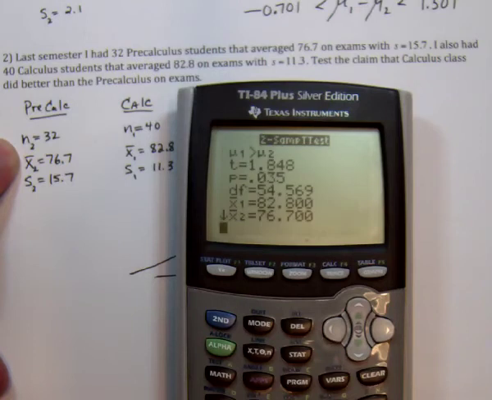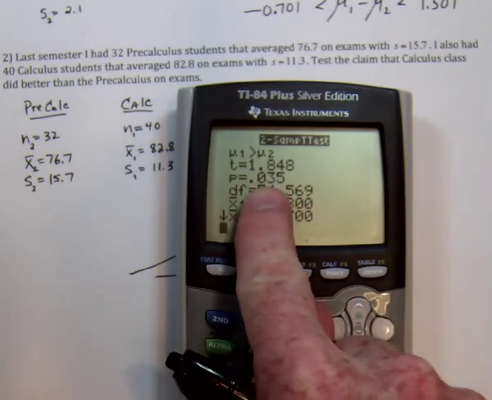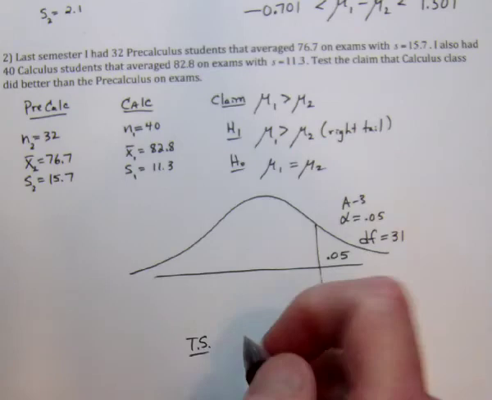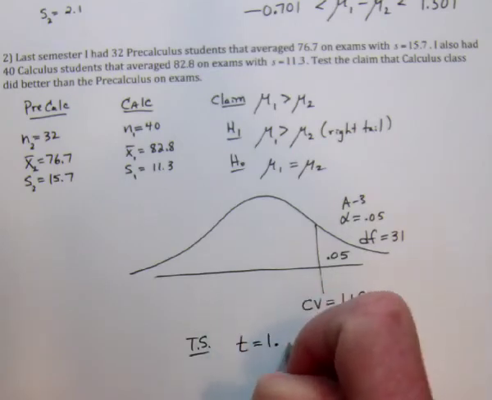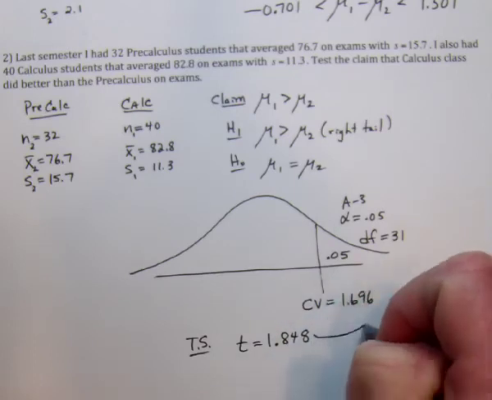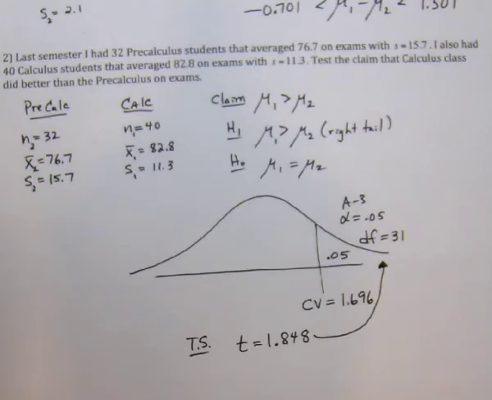So calculate. A 1.848. Notice also that the p-value is 3.5%, and since that's less than 5%, we're going to reject H0. Also, if you use the test statistic, it was a 1.848, and that goes past a 1.696, which means reject H0.